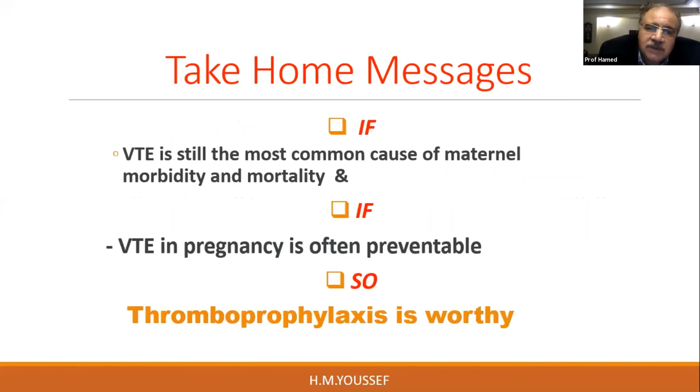What is the take-home message? If VTE is still the most common cause of maternal mortality and morbidity, and if VTE in pregnancy is often preventable, so thromboprophylaxis is worthy.